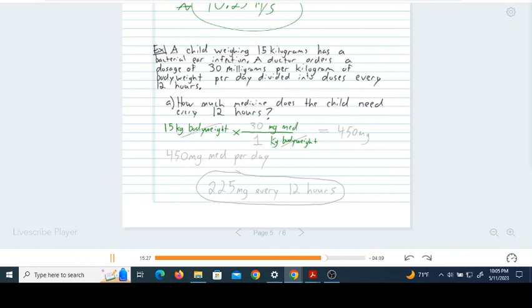And the doctor says we want to go ahead and give the little tyke 30 milligrams per every 1 kilogram of body weight. And that's per day. So that is 450 milligrams per day.